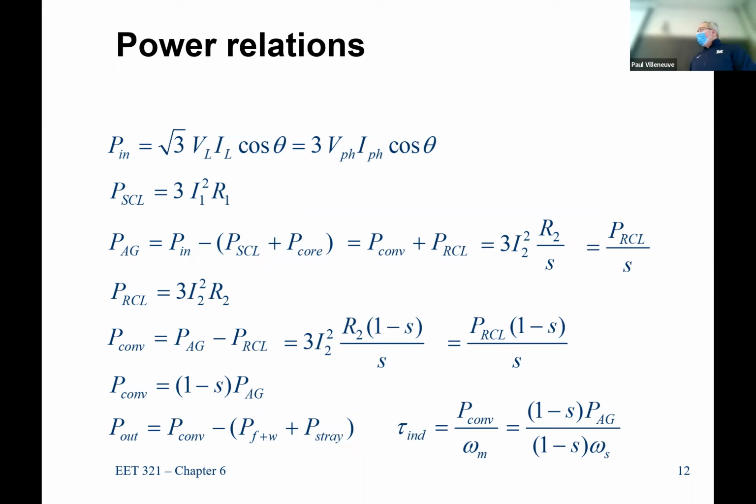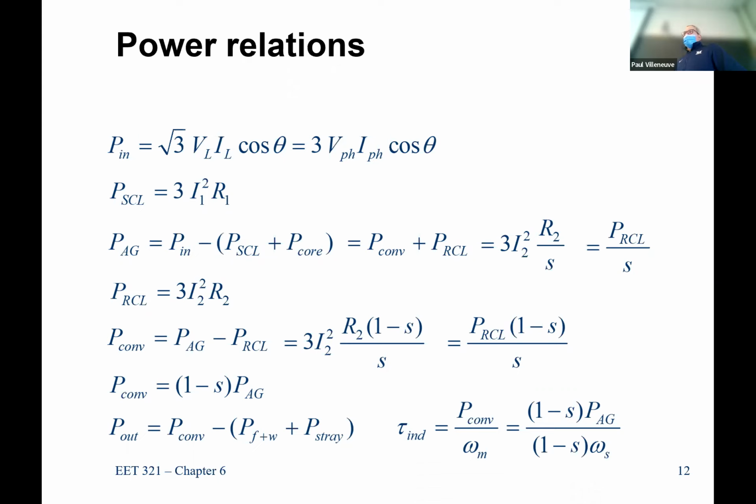And again, this is important because when the slip is really low, which means it's very close to synchronous speed, almost all the air gap power is converted to mechanical power. I don't want power to be lost in the rotor circuit. I want as much of the air gap power to be converted. Then I can do something mechanically with it.